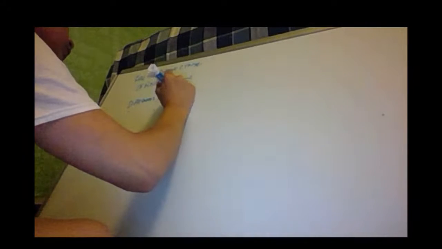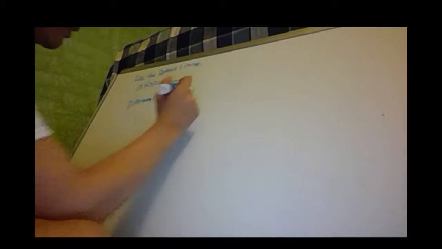So you want to include all the real numbers except the denominator, because the denominator cannot equal 0. So you're gonna say that the domain is all real numbers such that 5 times x minus 1 times x minus 5 cannot equal 0.